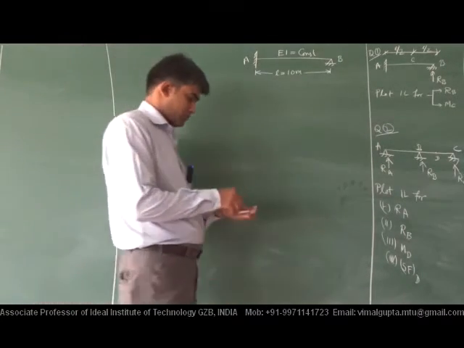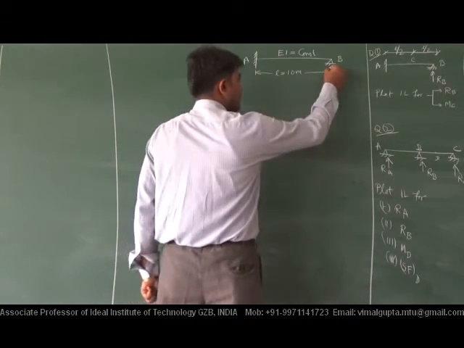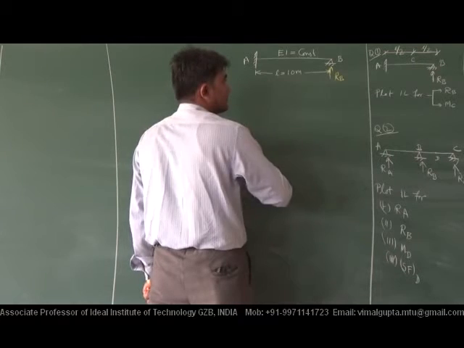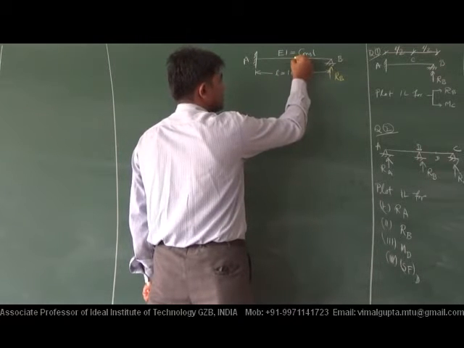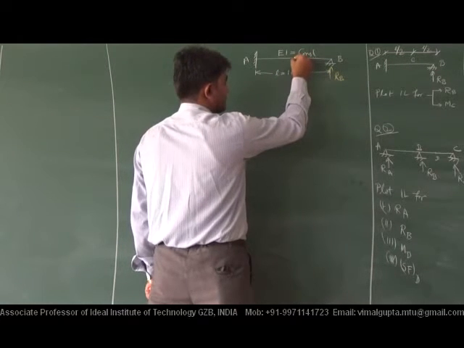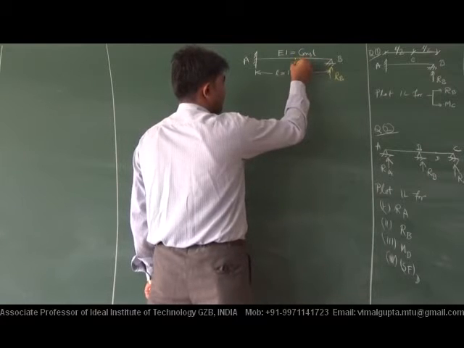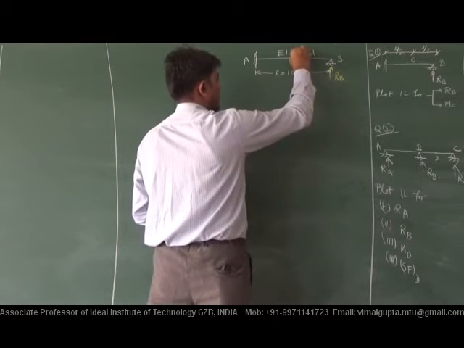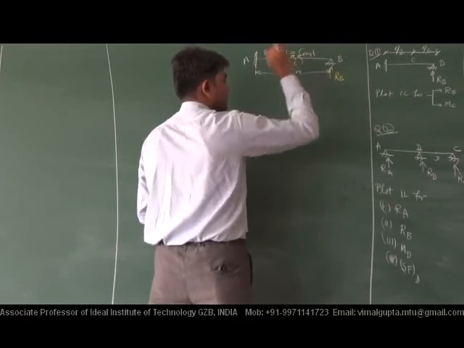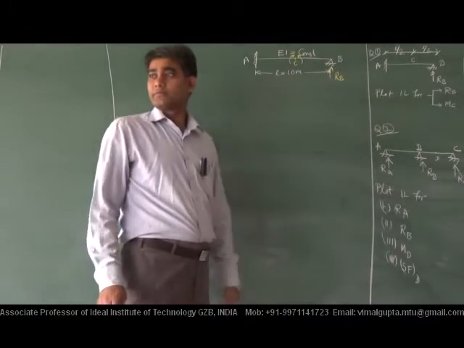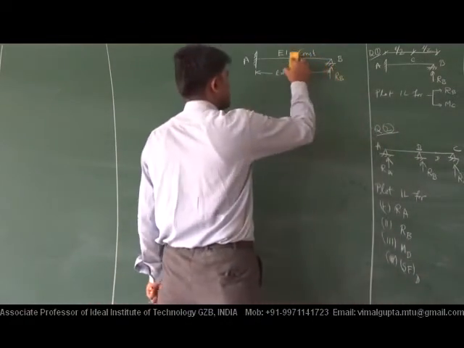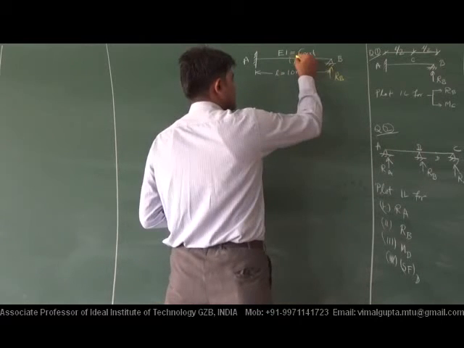So it will be RB and the C point. At the C point, it will have a bending moment. The direction of the bending moment will be which one?